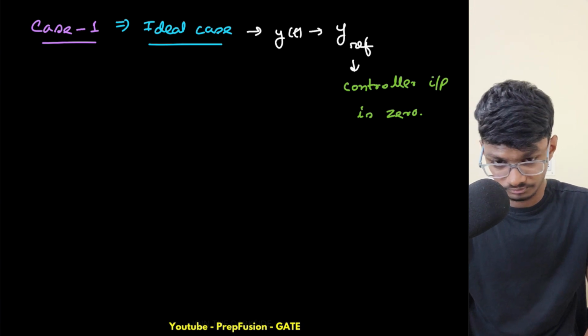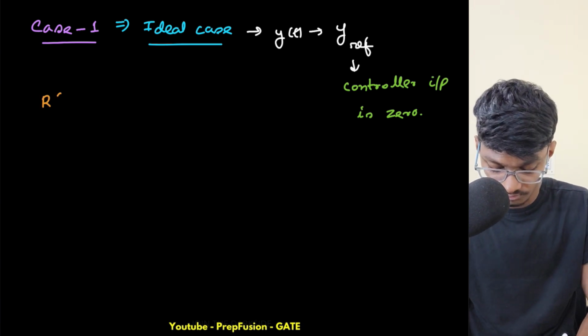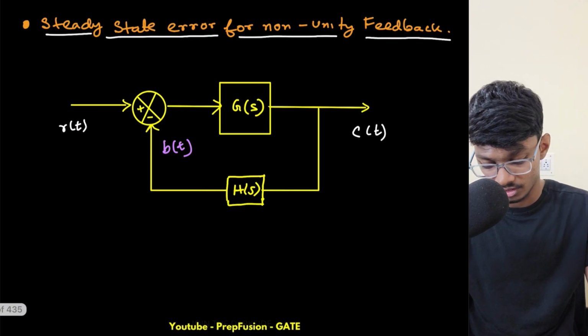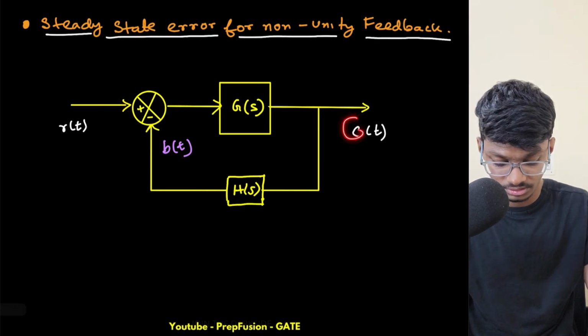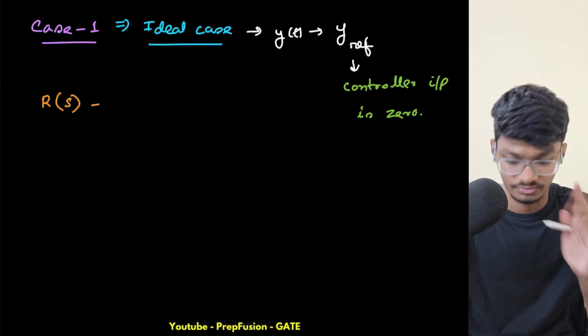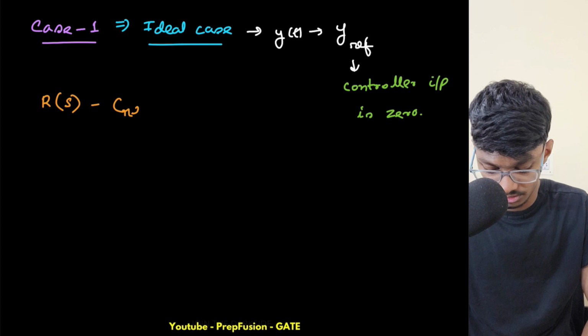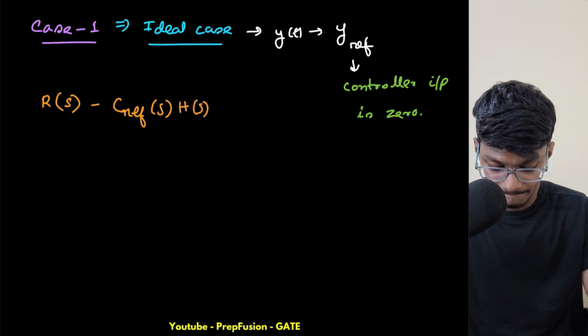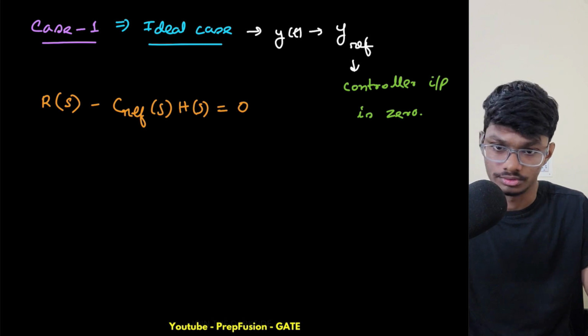Now what is happening? How will it reach 0? Obviously R of S minus C of S into H of S, where C of S is C reference of S, equals 0.